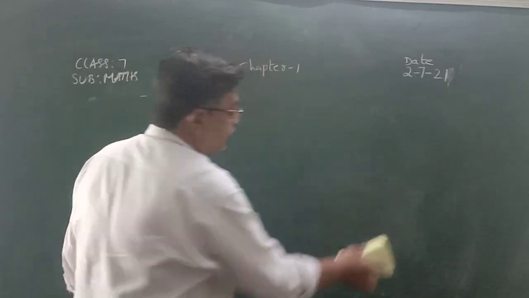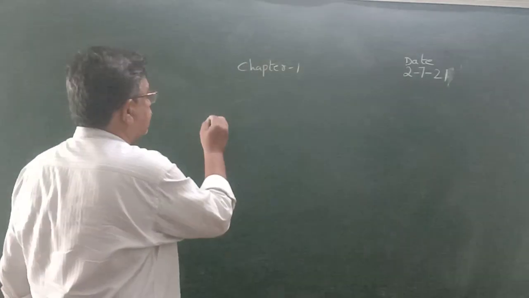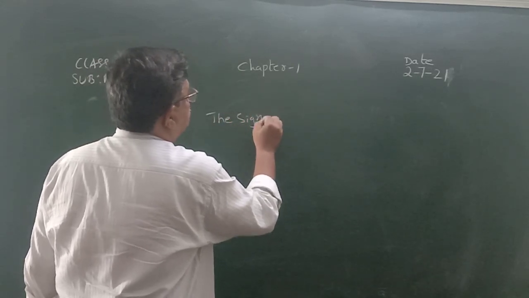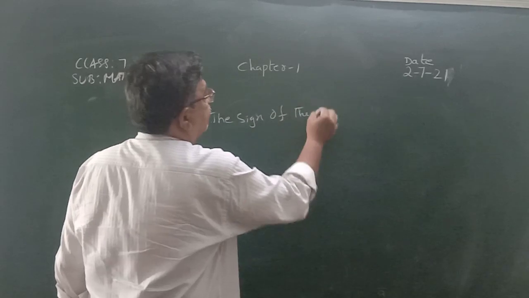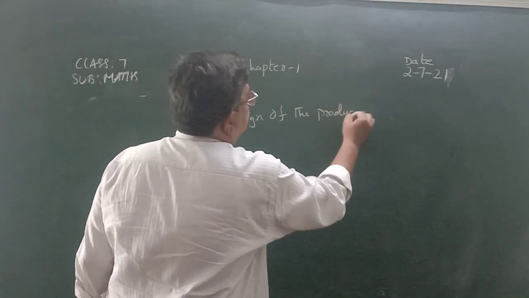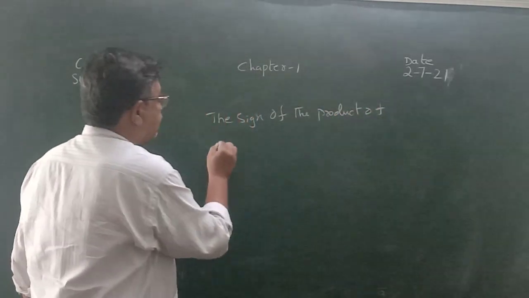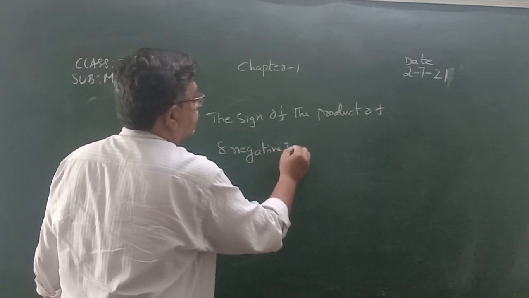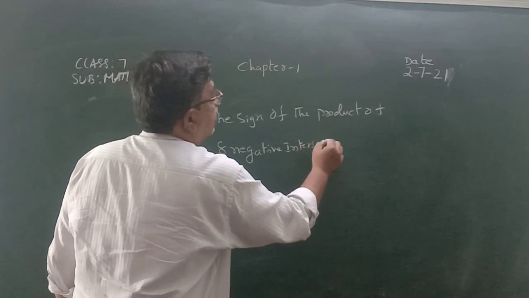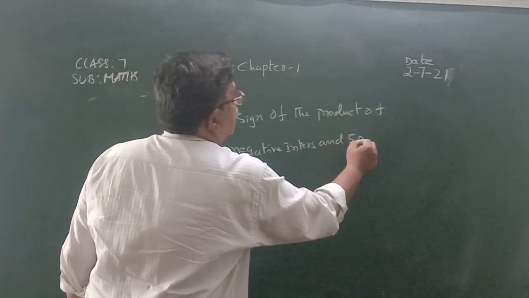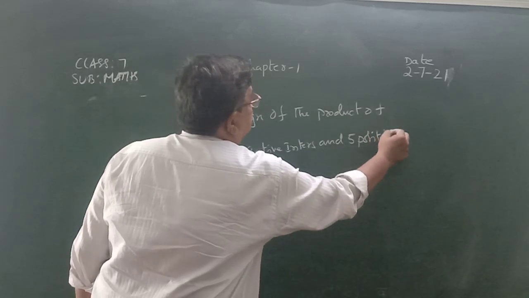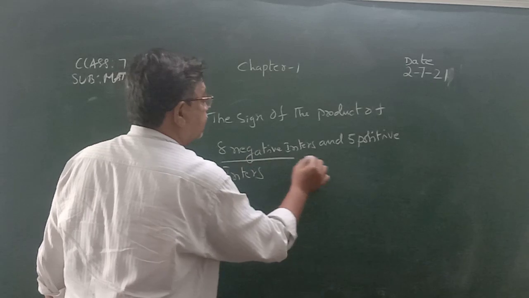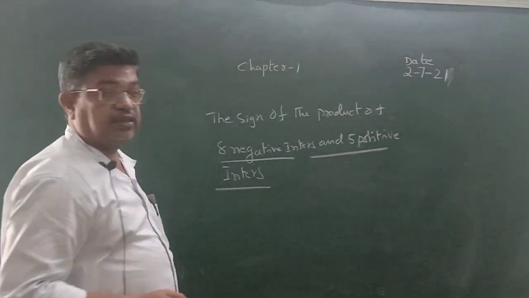Suppose I give you 8 negative integers and 5 positive integers, and you are finding the product of those integers.